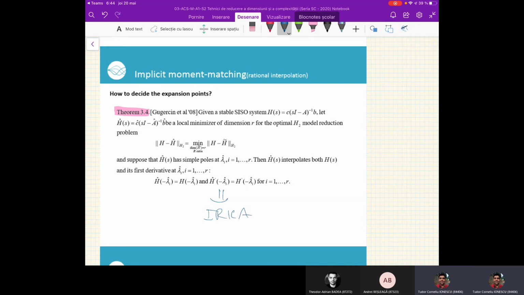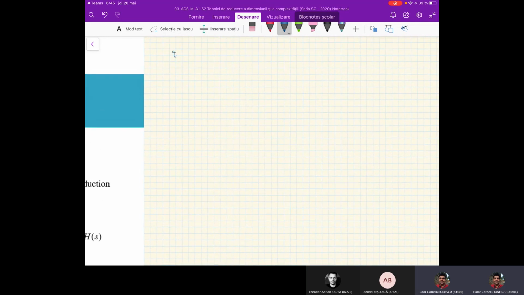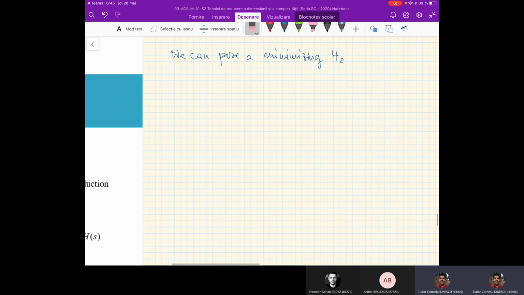So you want to solve, or we can pose, the minimizing H2 error norm problem.